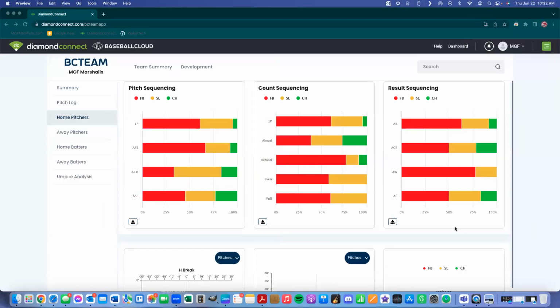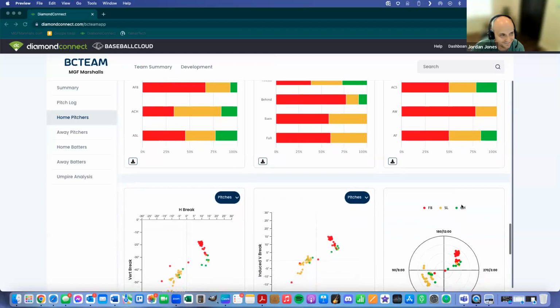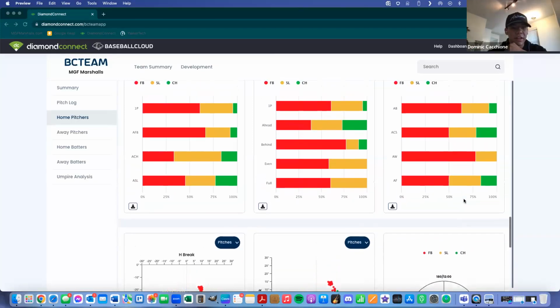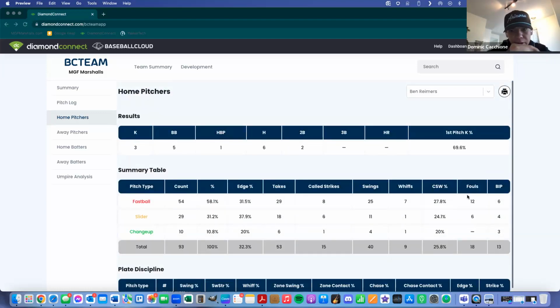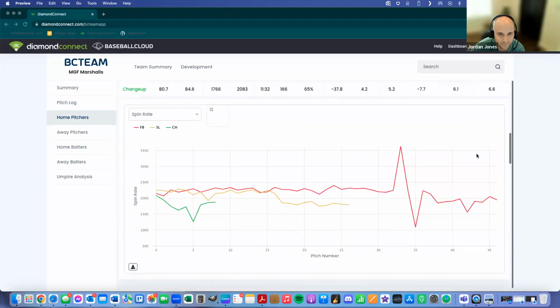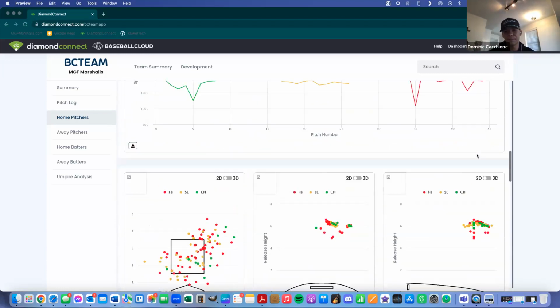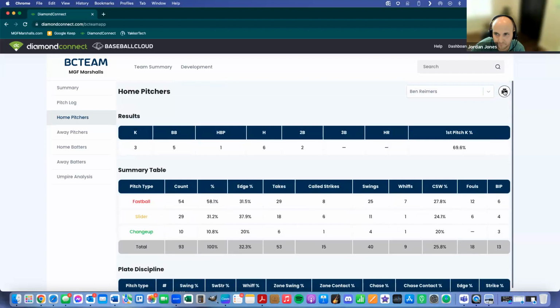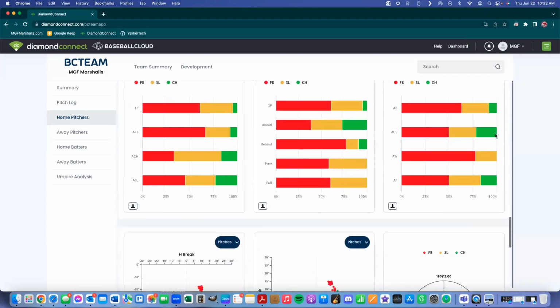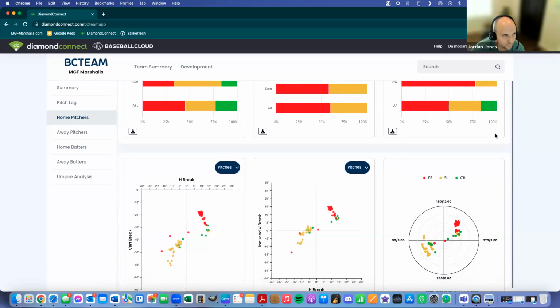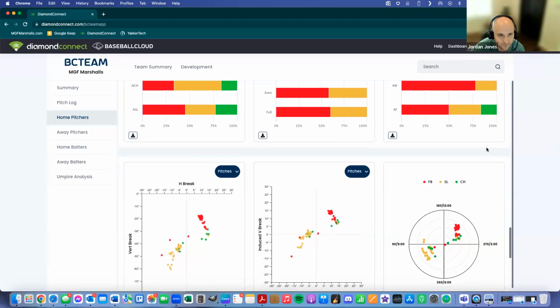You should also be able to go to the very top of the screen, where there should be a download or print button right here. You can just print the whole thing as a PDF or something like that. You see that, Matt? Okay, that works. So it doesn't print from mobile. You cannot generate reports from mobile. It has to be done from a PC or a laptop.